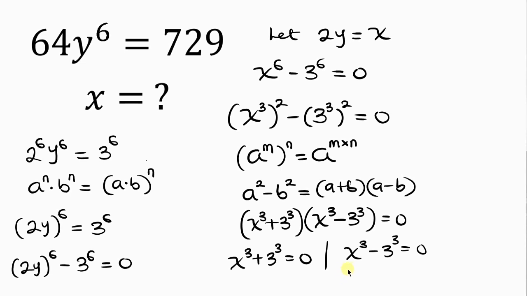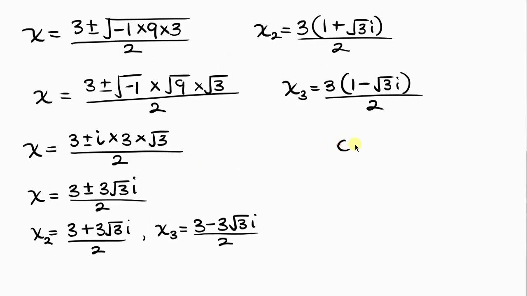Here for our second case, x cubed minus 3 cubed is equal to 0. Let's solve this real quick. So for our case 2, we have x cubed minus 3 cubed is equal to 0. Our first step for case 2 will be to apply the property of difference of two cubes.